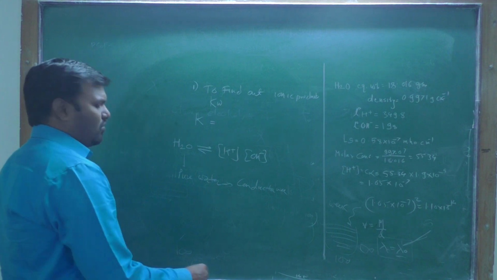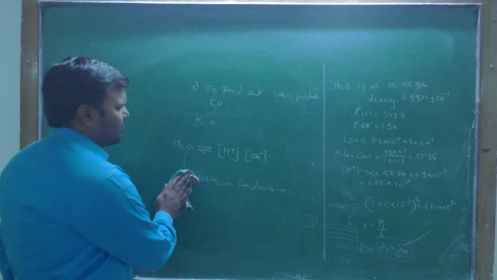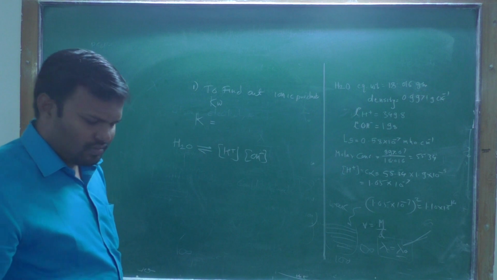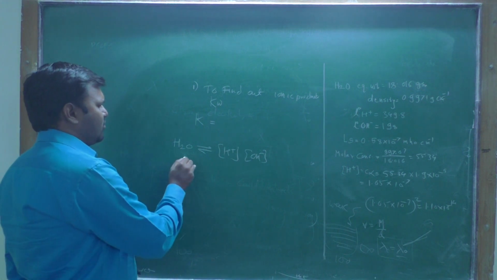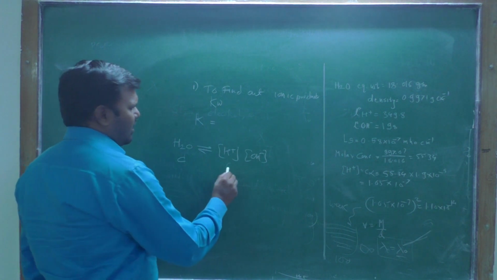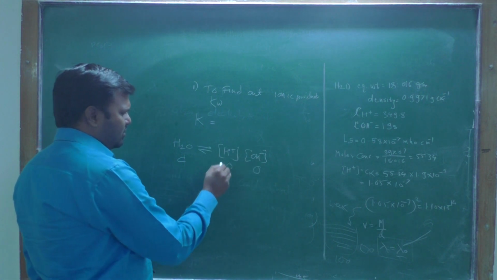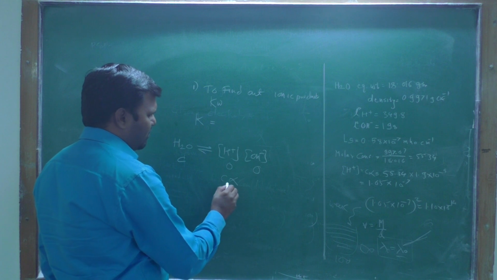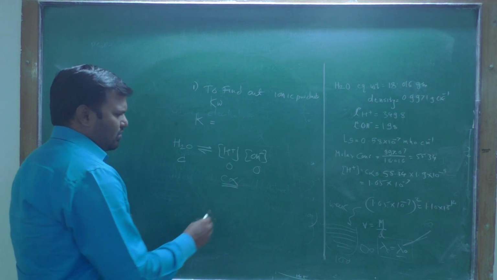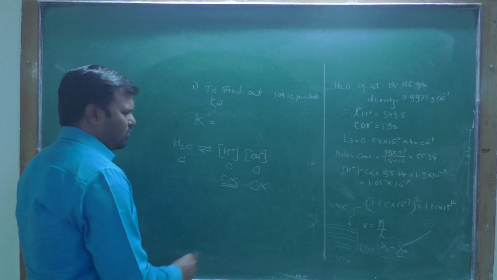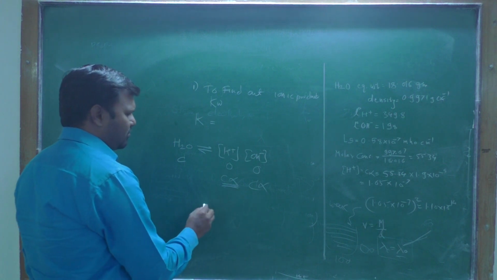For water, at the start the concentration is C, and the ion concentration is 0; at equilibrium the concentration dissociated is C alpha. How is this value produced?